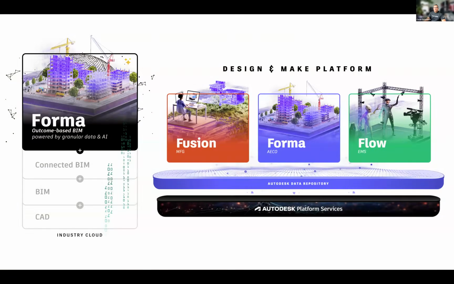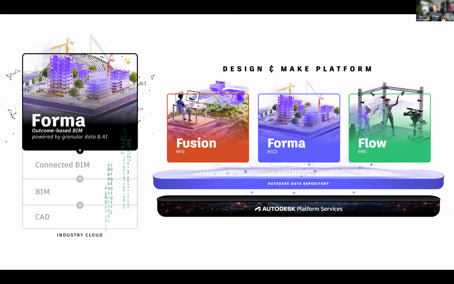This slide captures what the design and make platform is. As announced several years ago at Autodesk University, Autodesk is building 3 foundational cloud platforms: Fusion for manufacturing, Forma for AEC, and Flow for media and entertainment.